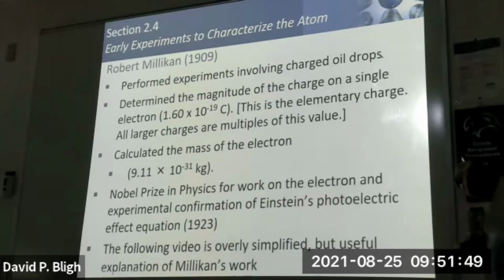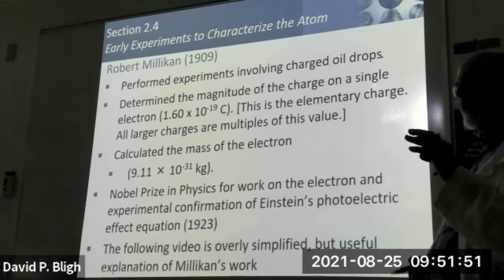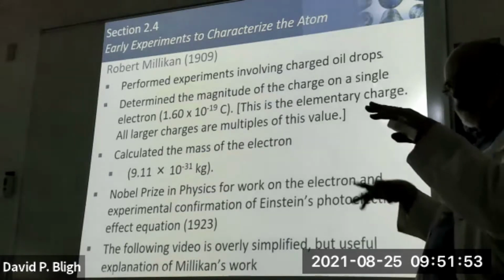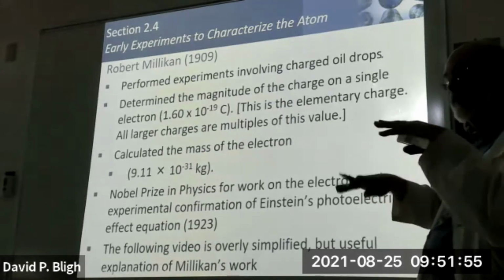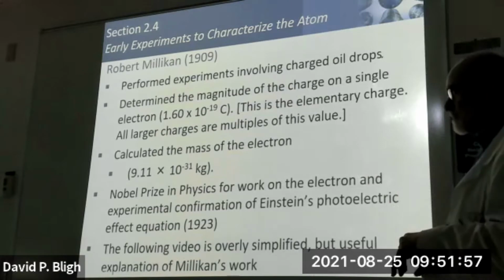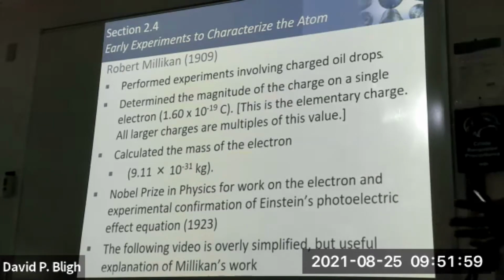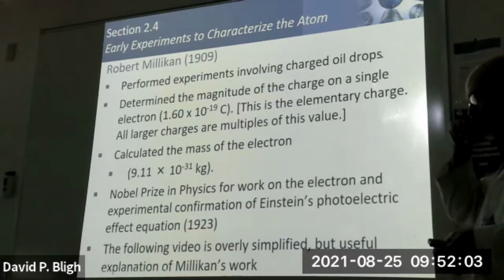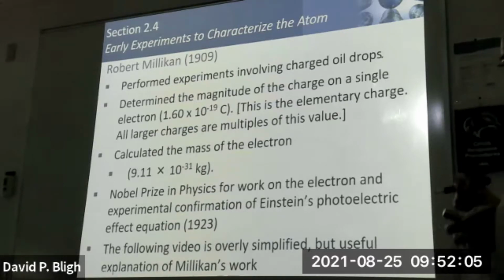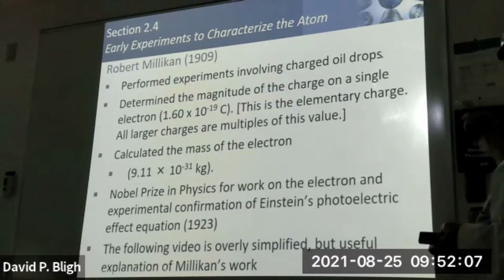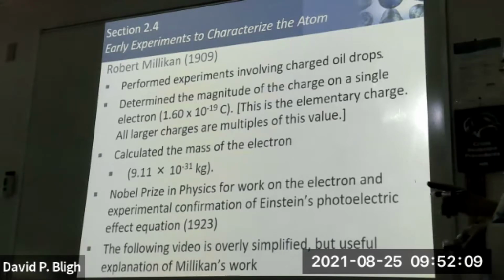He knew that Thomson had published his work, and everybody knew the charge to mass ratio of the electron. Nobody knew how much the electron weighed. Well, I mean, what its mass was. So Millikan set about to figure that one out.